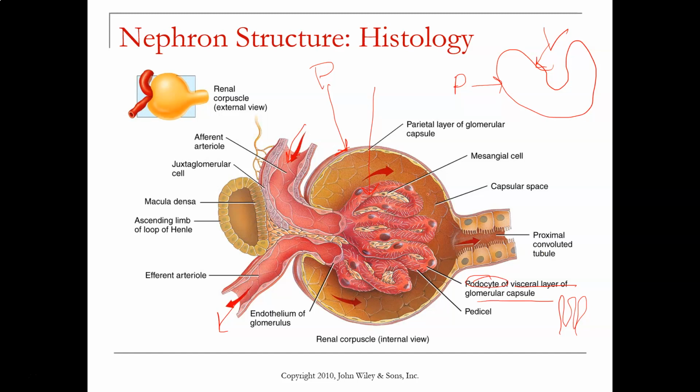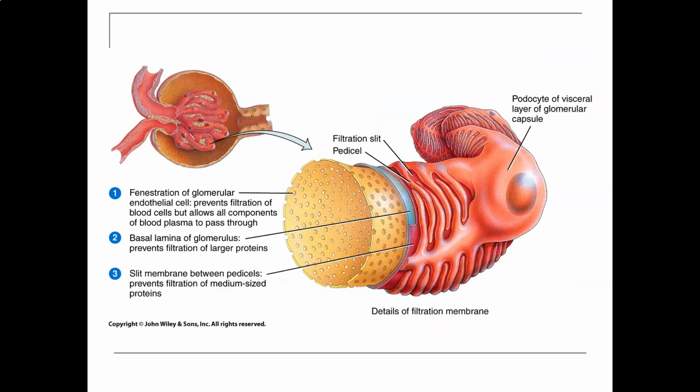Okay, and then you already hopefully remember the histology of capillaries. The glomerular capillaries are simple squamous epithelia, also called the endothelium. So I'm going to show you an even closer up view of this. Here we see the podocytes in red out here. See, there's its nucleus.